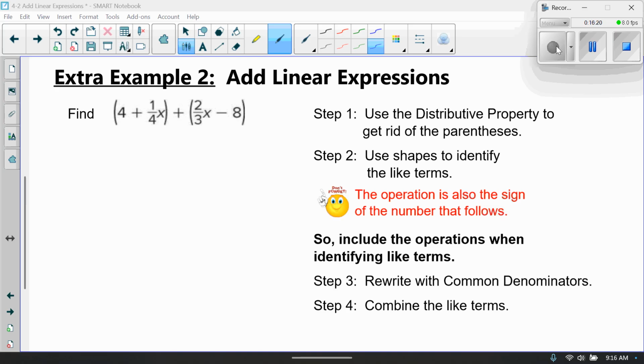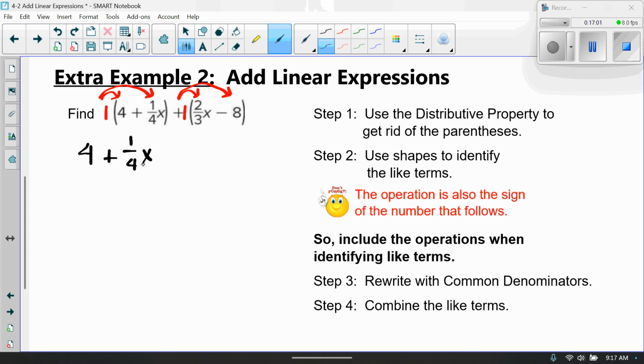Alright, so let's do extra example number 2. So again, the first thing we're doing is distributing a positive 1 to get rid of the parentheses. So we've got a positive 1 times positive 4, that's positive 4. And we've got a positive 1 times a positive 1/4 x, that's going to be a positive 1/4 x.